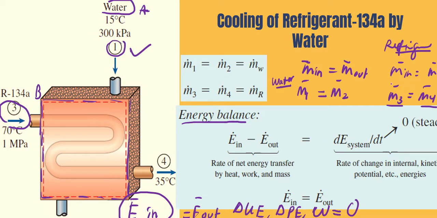M2 is out, and M4 is also out. 2 is for water, and then 4 is for refrigerant. And then rearranging the equation, you separate between water and refrigerant, and you can also write this expression to be like this, right?